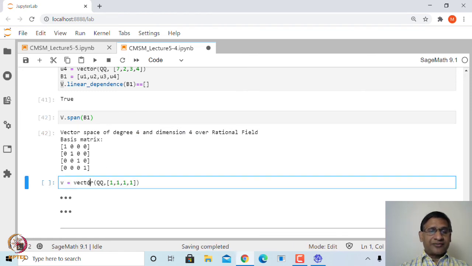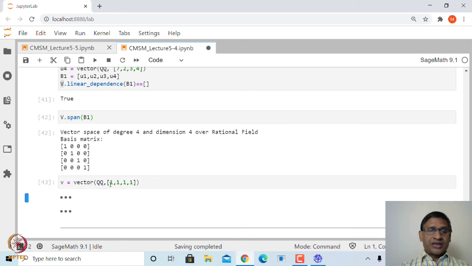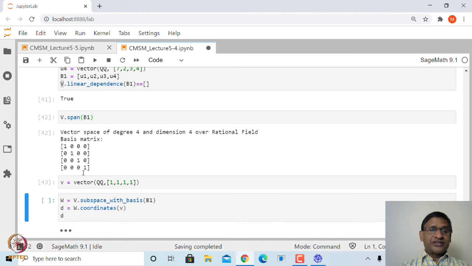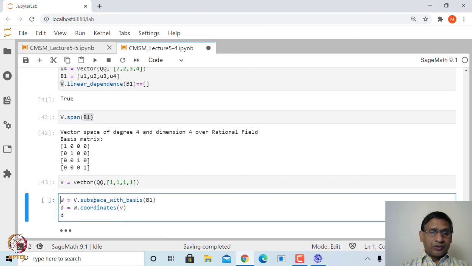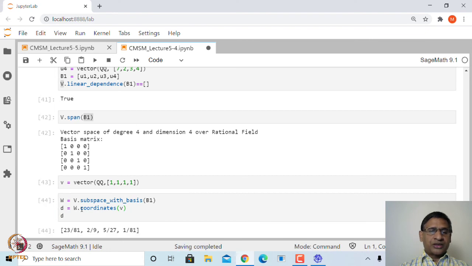Similarly, if I take any vector v, let us say v is (1, 1, 1, 1), we can find the coordinates of v with respect to this basis B. So how do I do that? First we need to define W, a subspace with B1 as its basis. So this is how you define it, and then write W.coordinates, and in the bracket you write v, that will give you the coordinates of this vector v with respect to this basis B1.